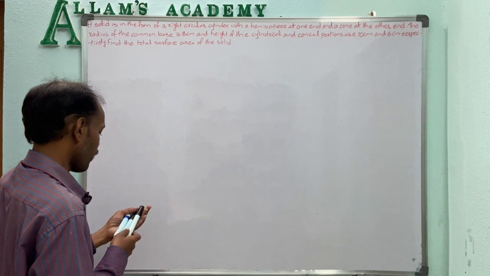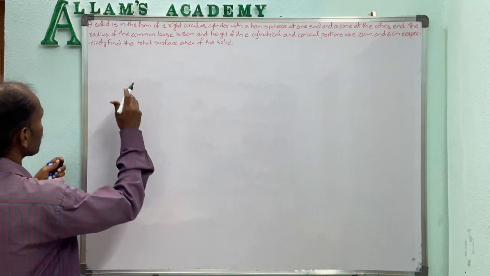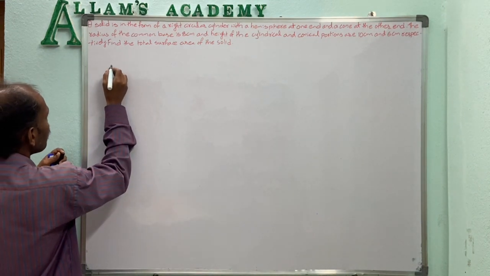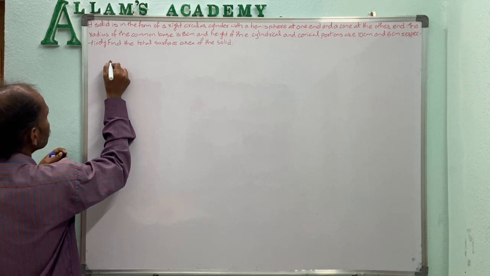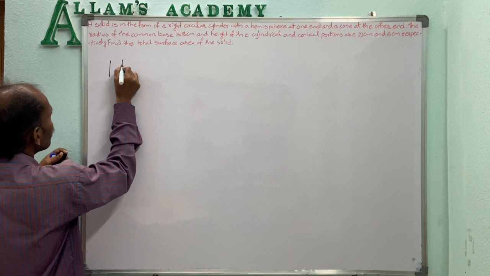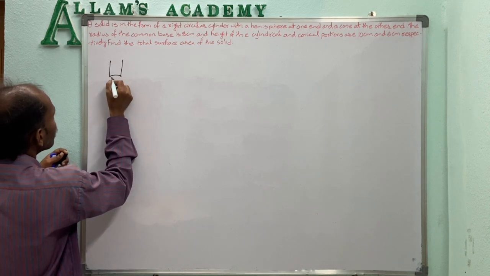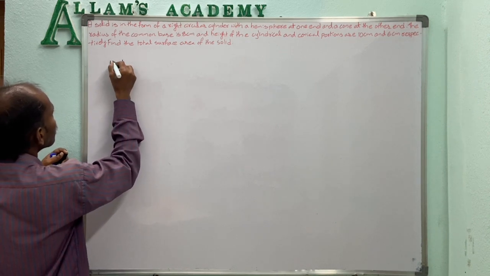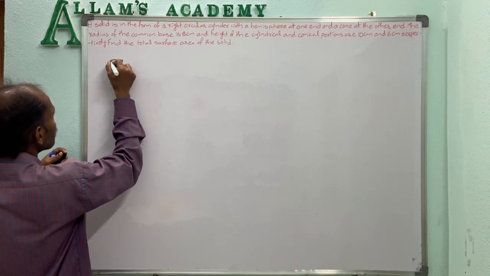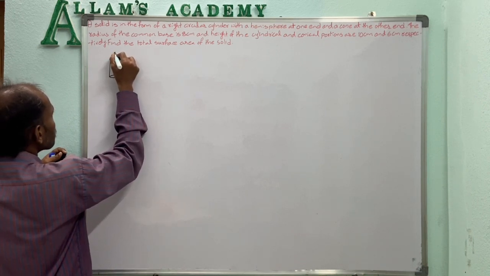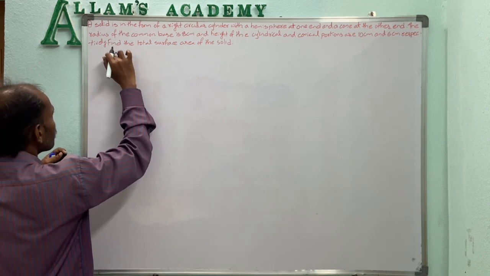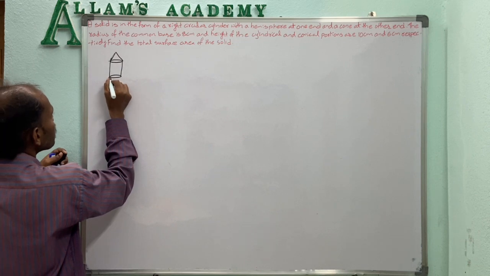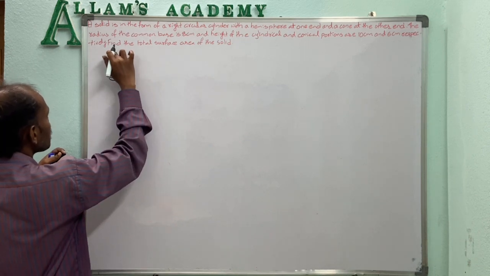Before that, if we observe the diagram, the top is a conical shape and the bottom is a hemispherical shape.